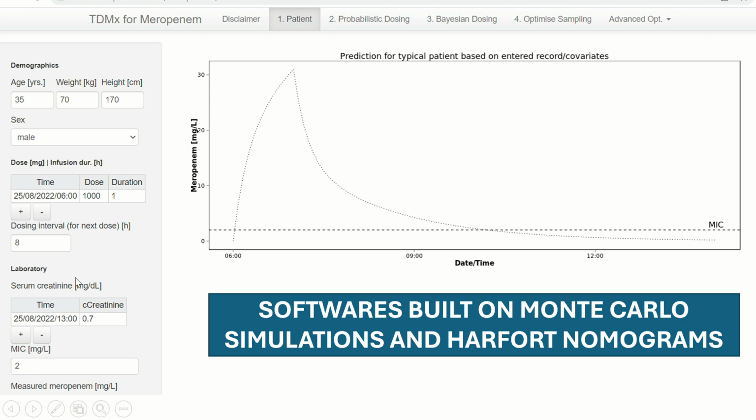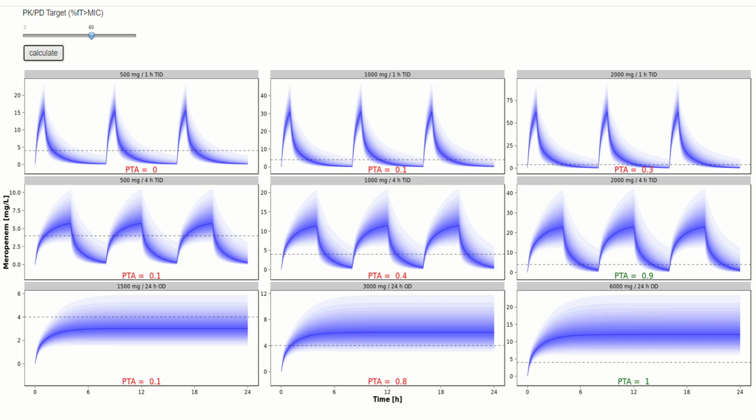These are software built on Monte Carlo simulations. Once you enter all these parameters and do the calculation, you want, let us say, a PKPD target of 60%. That means you want the concentration to be above the MIC for 60% of the dosing interval.